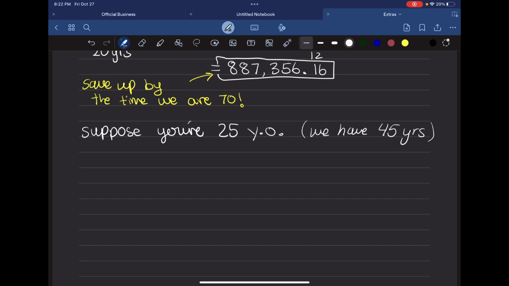So for our savings annuity formula, we put our end amount, so 887,356.16.